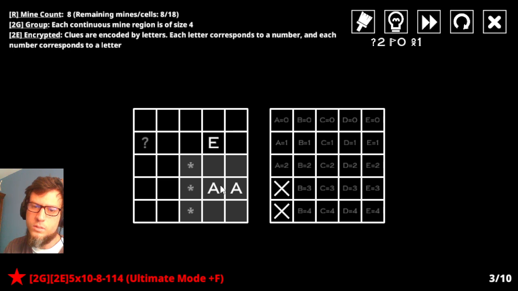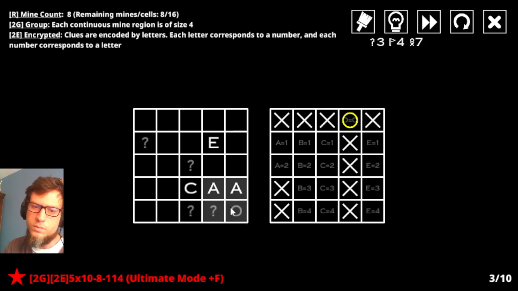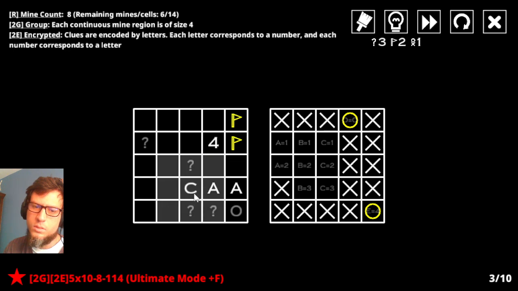But if A is, well, A can't be, no, it could be 1. But if A is non-zero, then E is 4. Okay, well D is 0, therefore A is non-zero, therefore E is 4. Furthermore, that means both of these are mines at least, and that means neither of these can be mines. Okay.